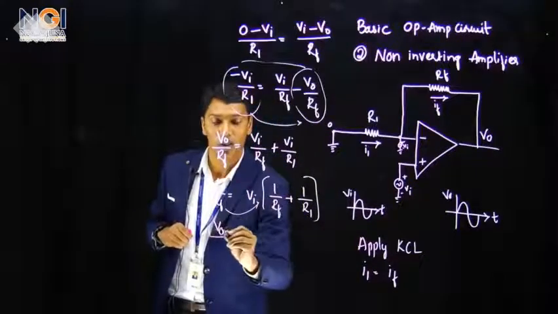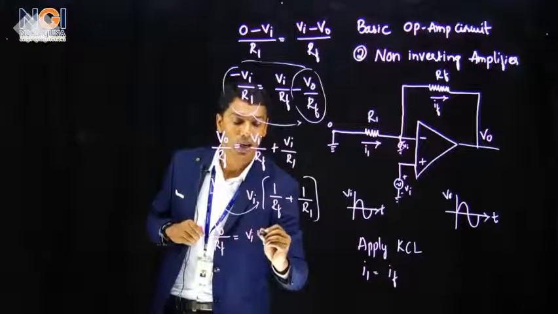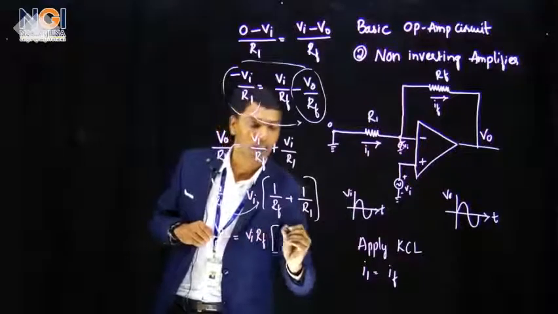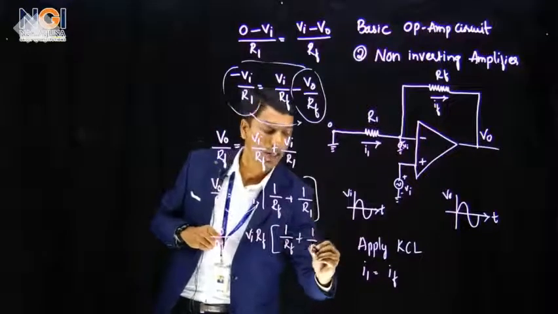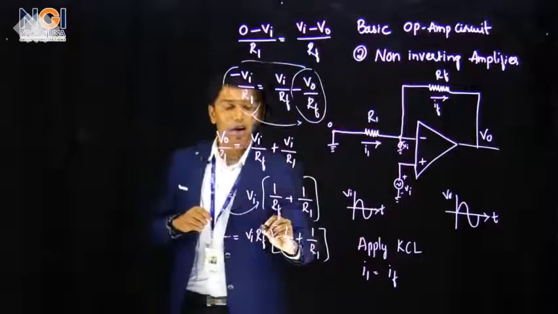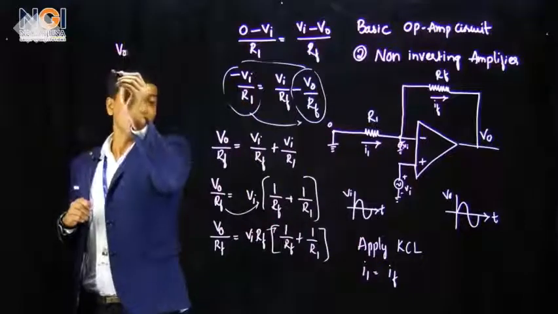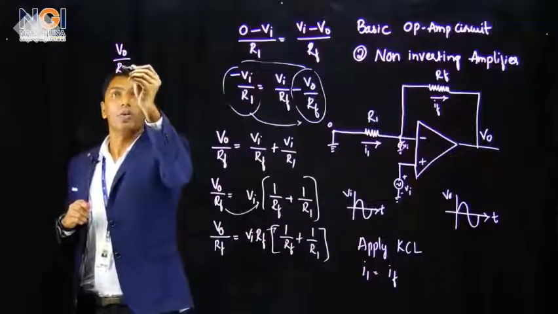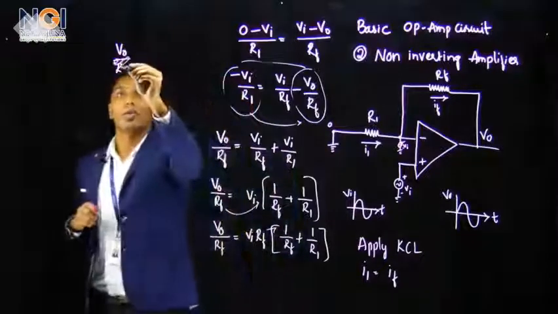Therefore V out divided by RF is equal to V in, 1 divided by RF plus 1 divided by R1. I will multiply RF with this. Therefore, V out is left out, only V out is left out here.